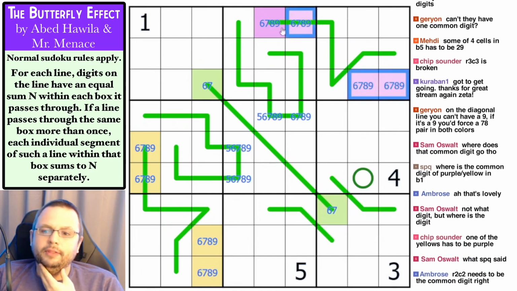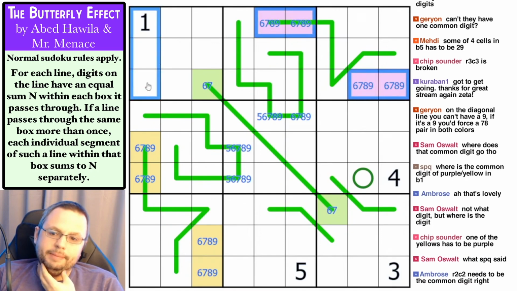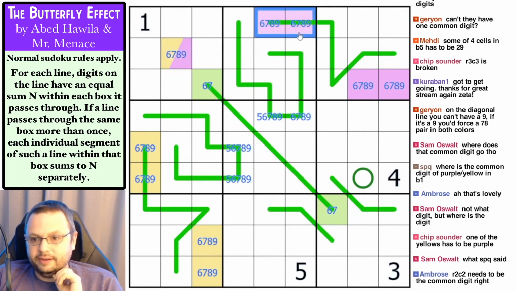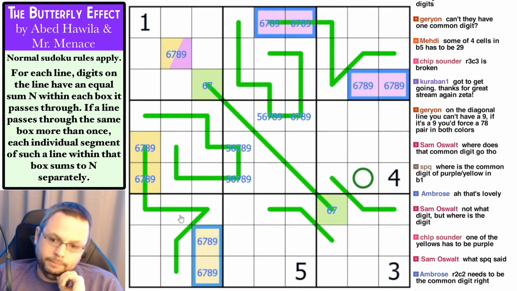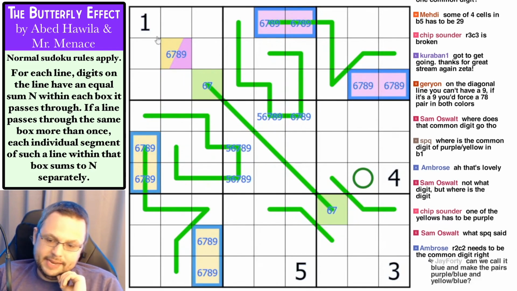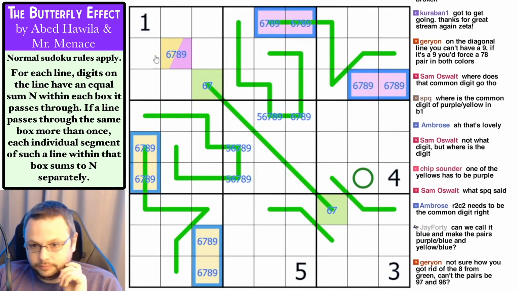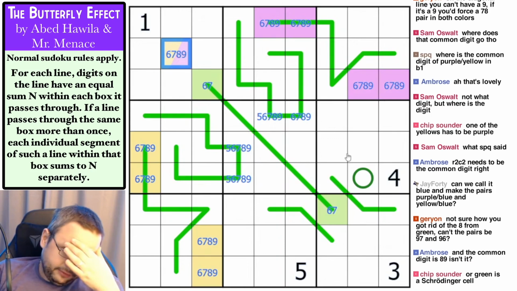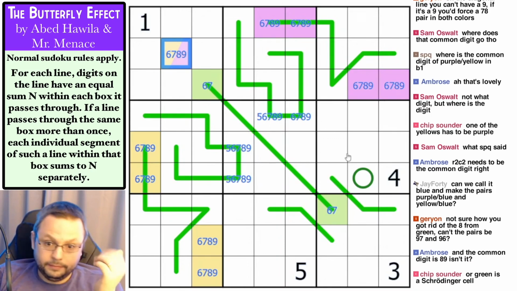And so that overlapping digit, here's the point. The overlapping digit goes here. That is the overlapping digit. So this is both yellow and purple. And so it is 6, 7, 8, and 9. Because the digit that is in both yellow and purple has to land here. And now the digit that is in both yellow and purple has to be an 8 or a 9.